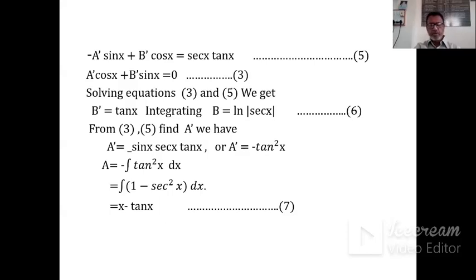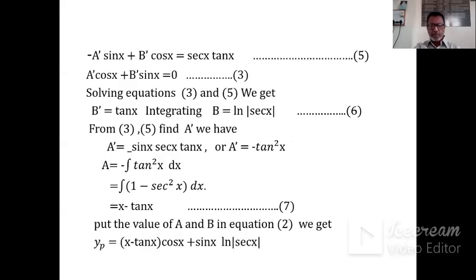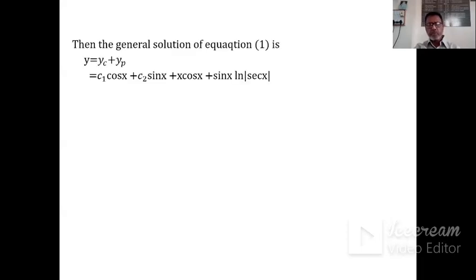We find the value of A is x minus tan x, and B is log of mod of sec x. And therefore, what is the particular solution? yp is equal to x minus tan x into cos x plus sin x into log of sec x.